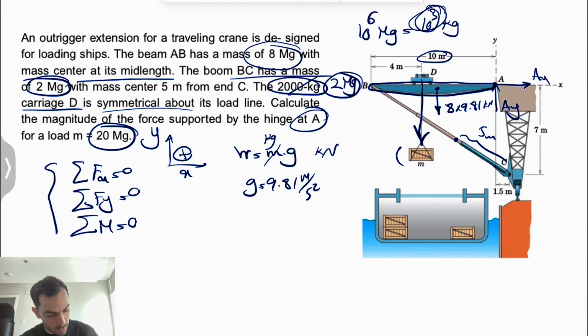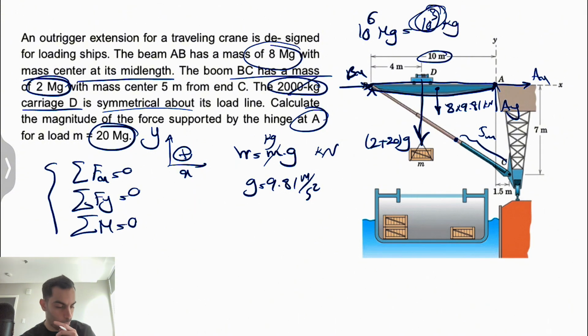And we have another hinge at B. We can call two components for that one Bx, By. And that's pretty much everything that we have for this member AB.